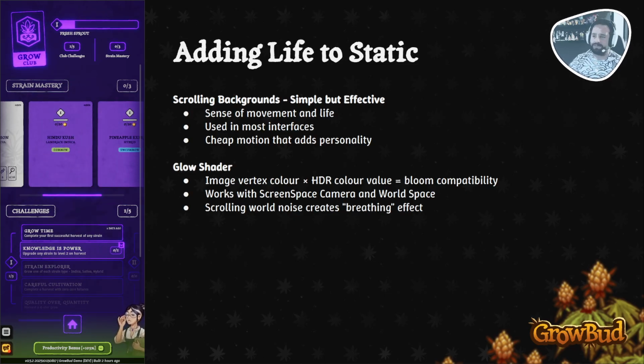So basically, I take that and then multiply it by an HDR color, and that gives you some bloom. As long as your UI is then set from screen space overlay to screen space camera. On the canvas component, the default is screen space overlay. But if you want any sort of post-processing to affect that, like making it bloomy, then make that screen space camera.